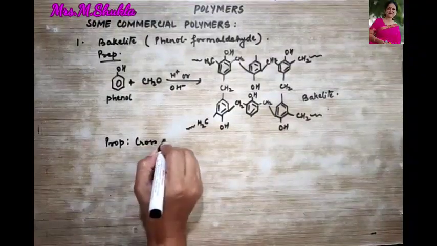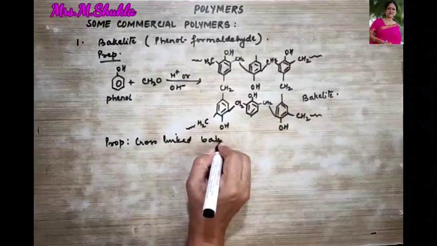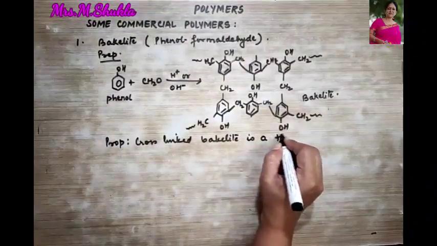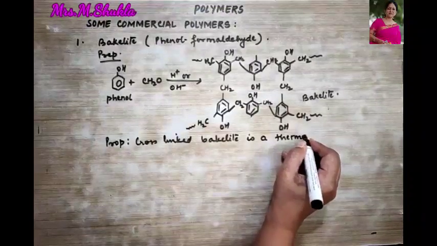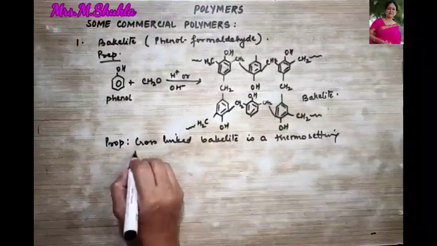The cross-linked bakelite is a thermosetting polymer.